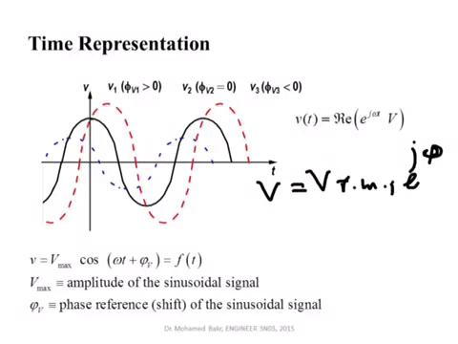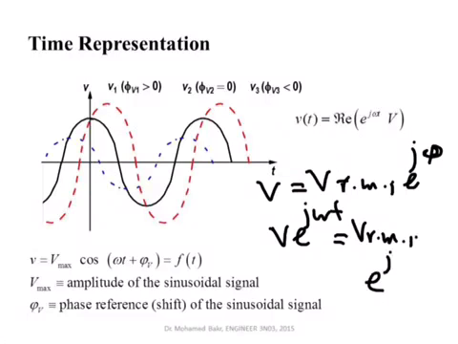If you want to take the signal back to the time domain, you can multiply the phasor by e to the j omega t. Of course, here, if you do not take into account the square root of 2, you have to multiply by square root of 2. But I would like to focus on this one. What does this mean? If I take this term that we have here and multiply by e to the j omega t, I get this term. So the phasor V multiplied by e to the j omega t will give you Vrms multiplied by e to the j (omega t plus phi).